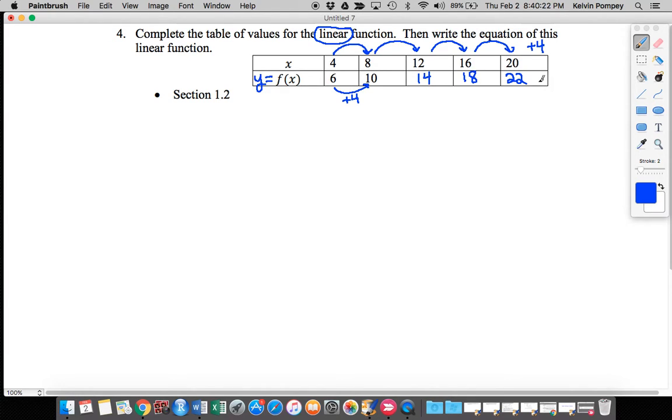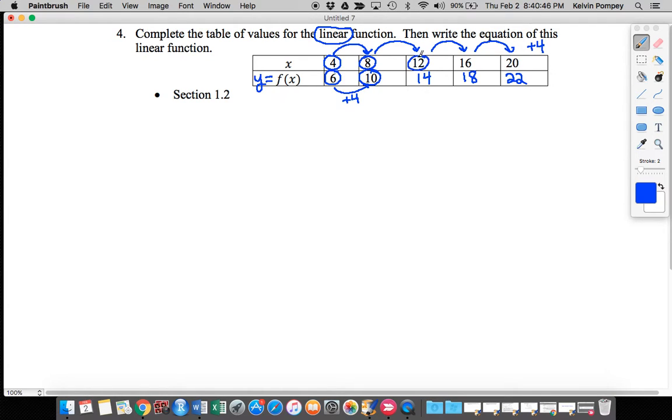And some of you probably can look at this and tell what the linear function is, all right? Remember, the definition of a function is where you put one input into the function and your function would output one and only one output value, right? So for instance, here, if I plug in 4 into my function, I get 6. I plug in 8 into my function, I get 10.